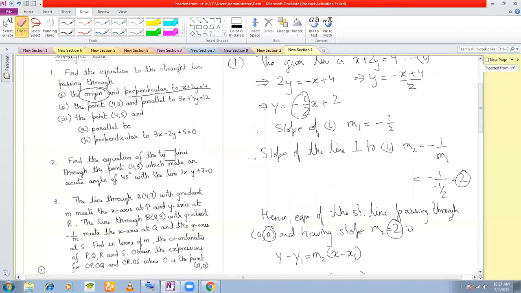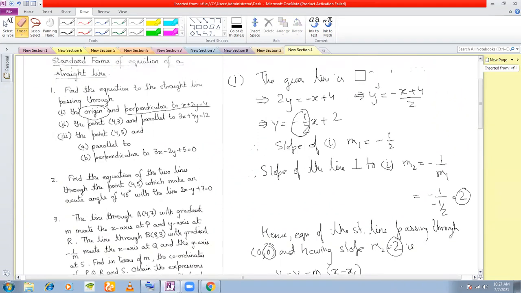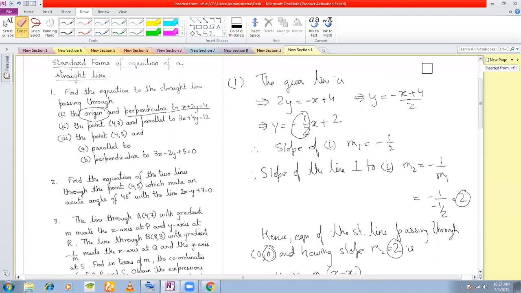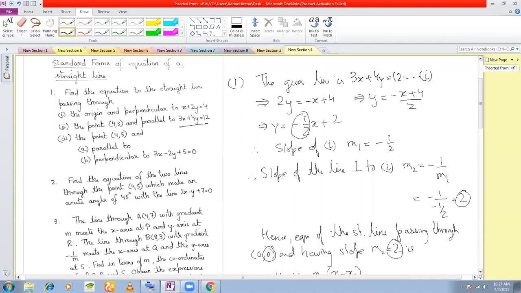Moving to the next part of the problem. The point this and parallel to this. Okay. So this time the given line here is 3x plus 4y is equal to 12. Let us call this 1. Now you find the slope of this line by writing this in the y is equal to mx plus c form.